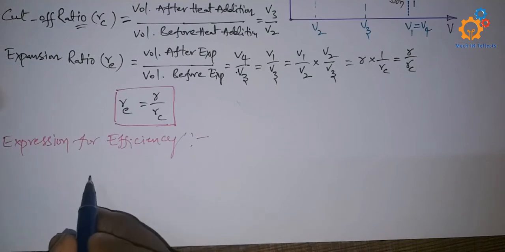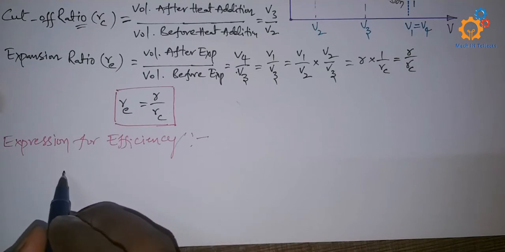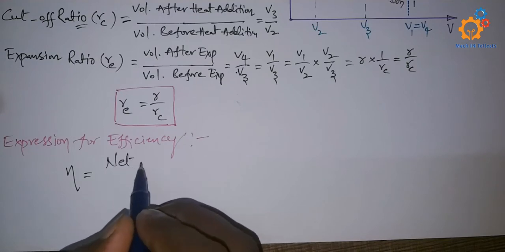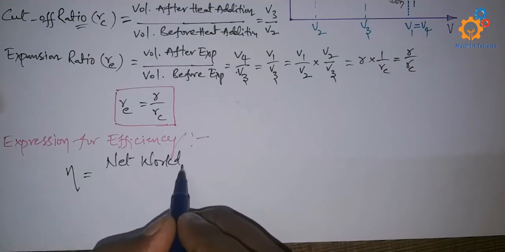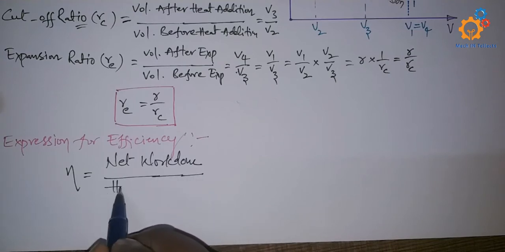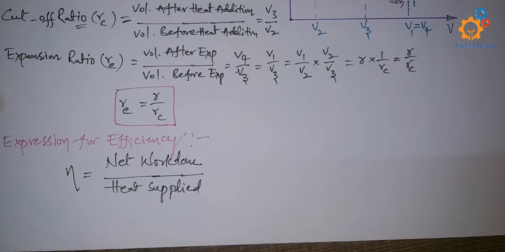For any heat engine cycle, we can write efficiency as net work done by heat supplied or added to the cycle.